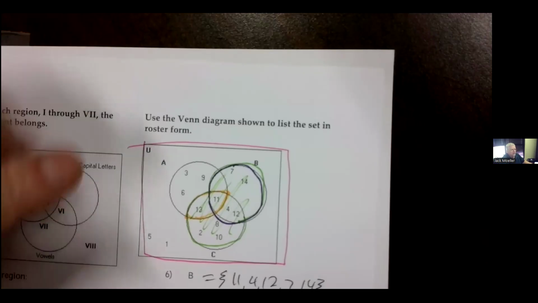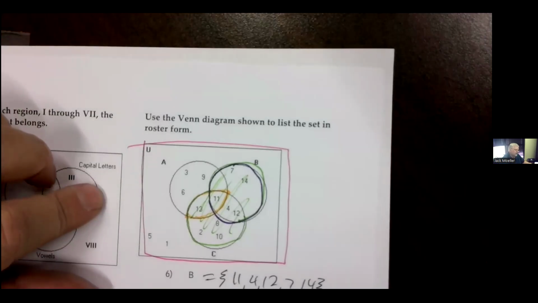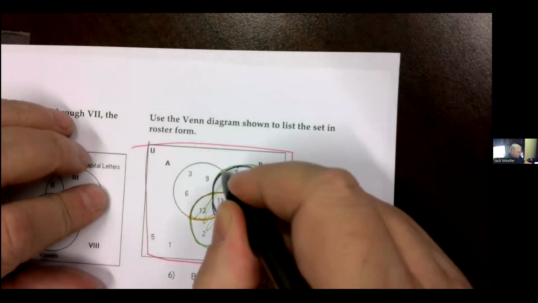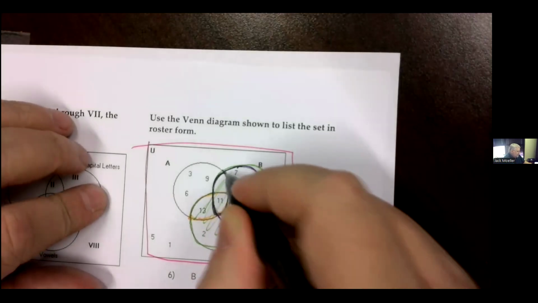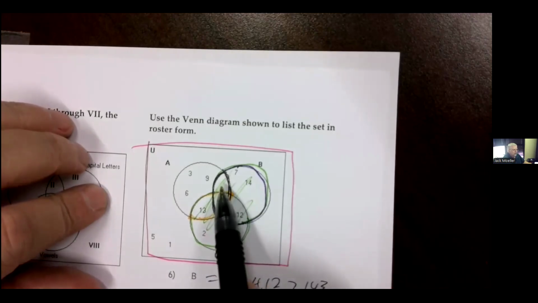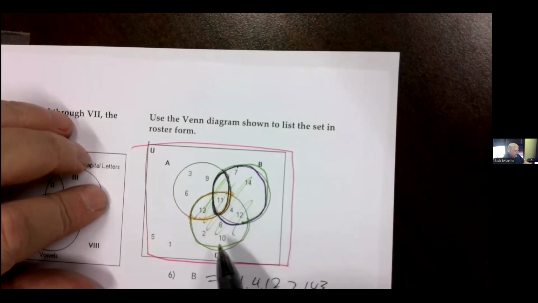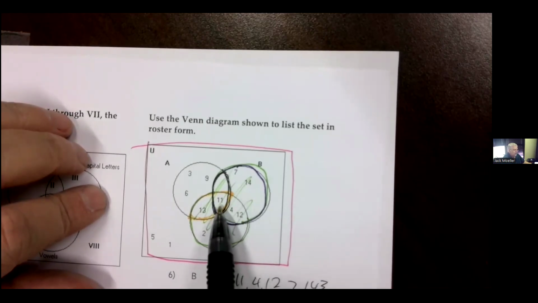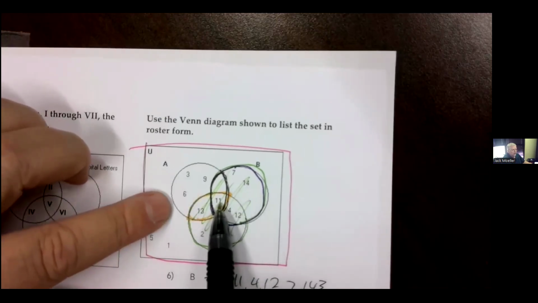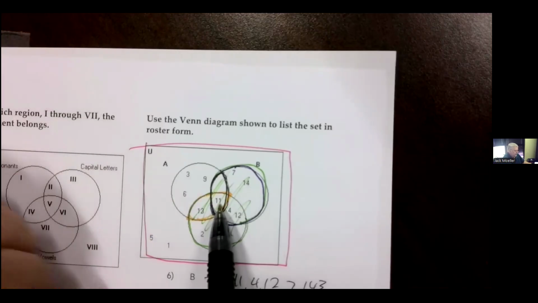My Venn diagrams are a little messy, but remember, intersection is where they overlap. So A intersection B is right there. I don't care if 11 is in C, because we're not talking about C right now, so just pretend that circle isn't there. All I care about is the overlap between A and B. So 11 is one of those things in the overlap.